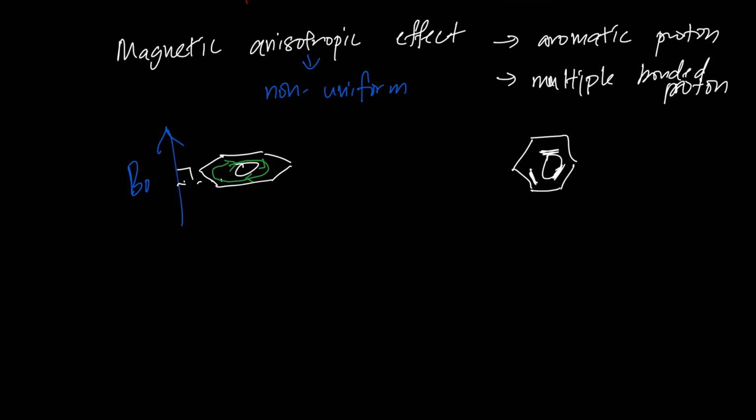So besides the external supply magnetic field, there will be a secondary magnetic field generated by the movement of the electrons in the ring.